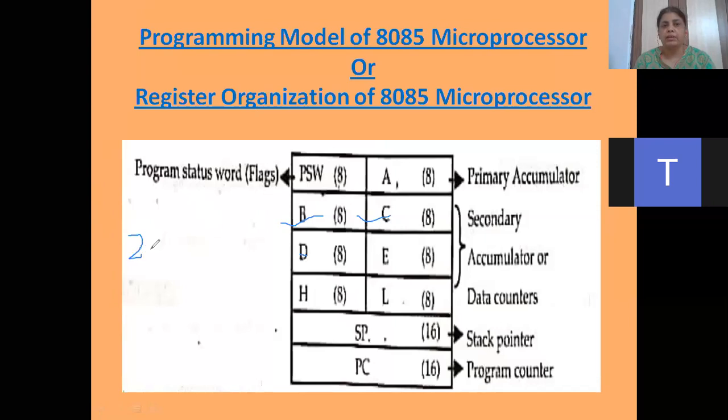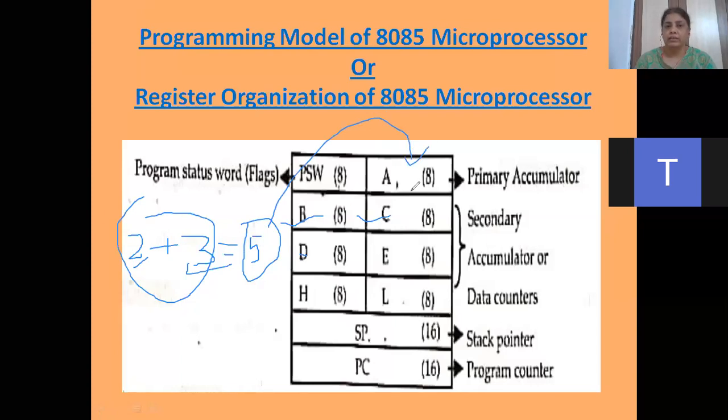Taking one example, if you want to add 2 plus 3 is equal to 5, then one of the data, either 2 or 3, should be in the accumulator, and after addition, the final result will again be transferred into the accumulator.